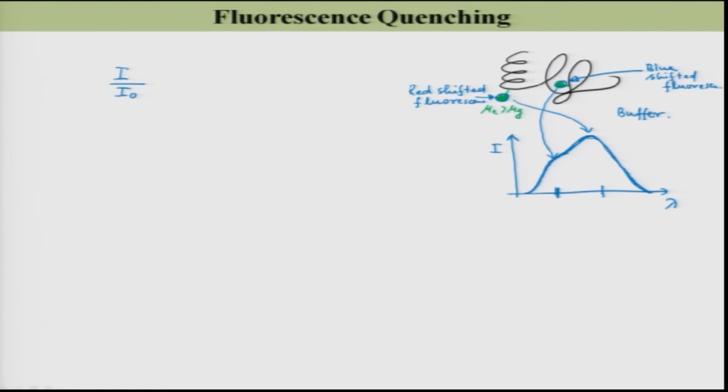Certainly it will be, because when I calculate I by I0 at this wavelength, there will be a lot of change in the fluorescence intensity, and at this wavelength, there will be less change. So here is less change, here is more change in the fluorescence intensity. So, these are functions of lambda.